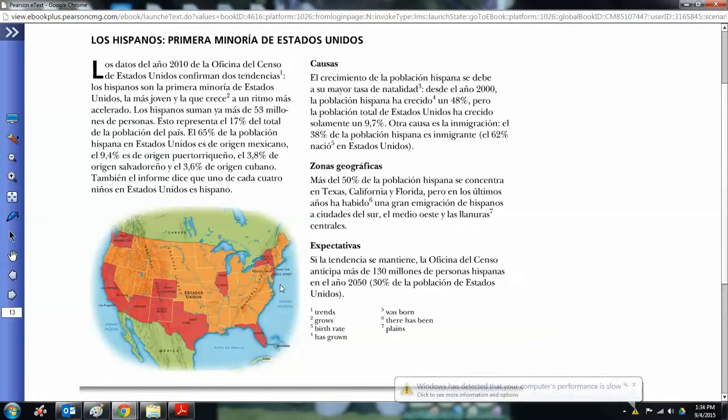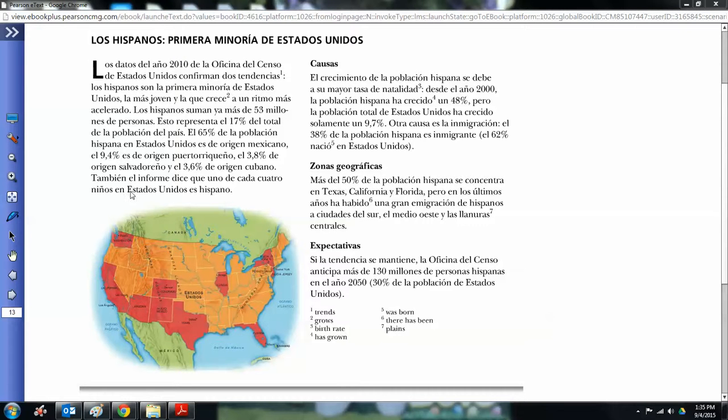If you pay attention to which places are blocked out in red, you could probably start to guess that these are places where there's a high prevalence of Hispanics, which is what the topic is going to be about, right? Los Hispanos, and then it's mentioning Estados Unidos. So with the graphic and the title, we now know we're going to talk about Hispanics, the first minority of the United States, right?